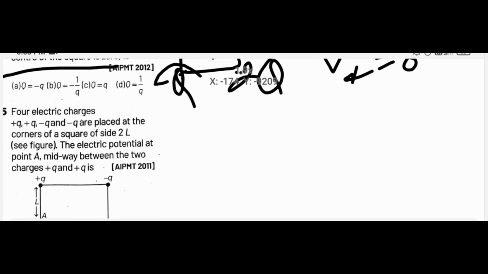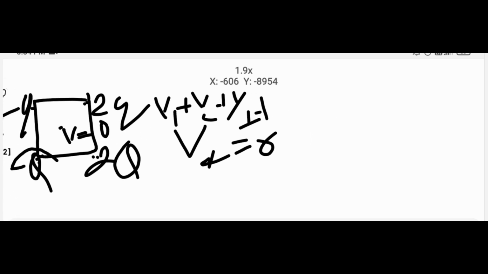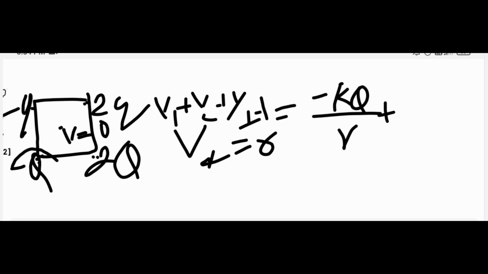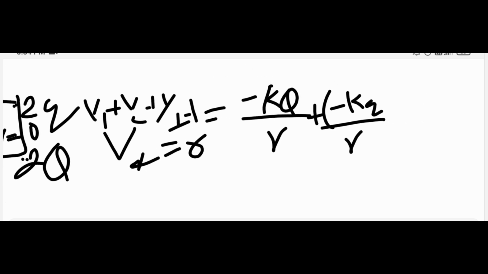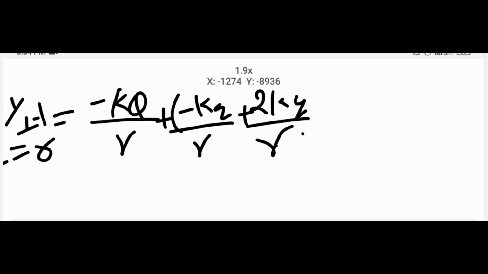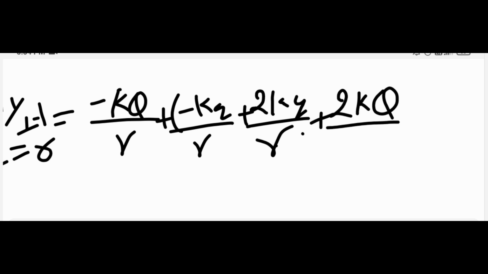You can write V1 as minus KQ by R. Again, the charge is given as minus, so minus K small q by R, and the radius will be the same for all those corners, right? Again plus 2 times K into q by R, and again a positive charge, 2 times K into capital Q by R.